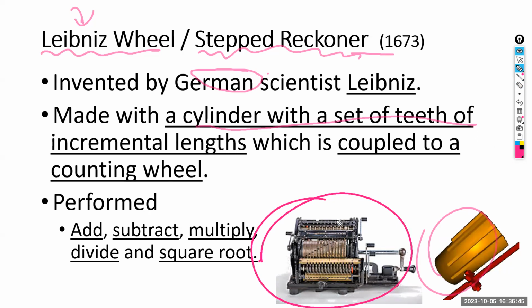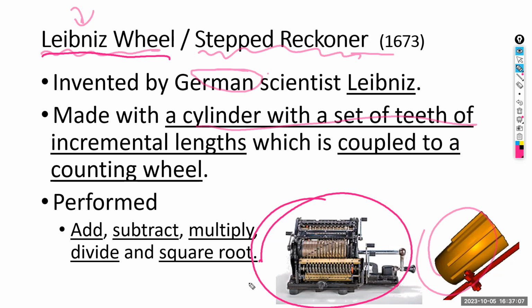You make it more and more sophisticated. So using the Leibniz wheel, we can do the multiplication and division in a much more straightforward way, not indirectly by repeated addition and repeated subtraction. So this is definitely an enhancement, an improvement of the Pascaline.